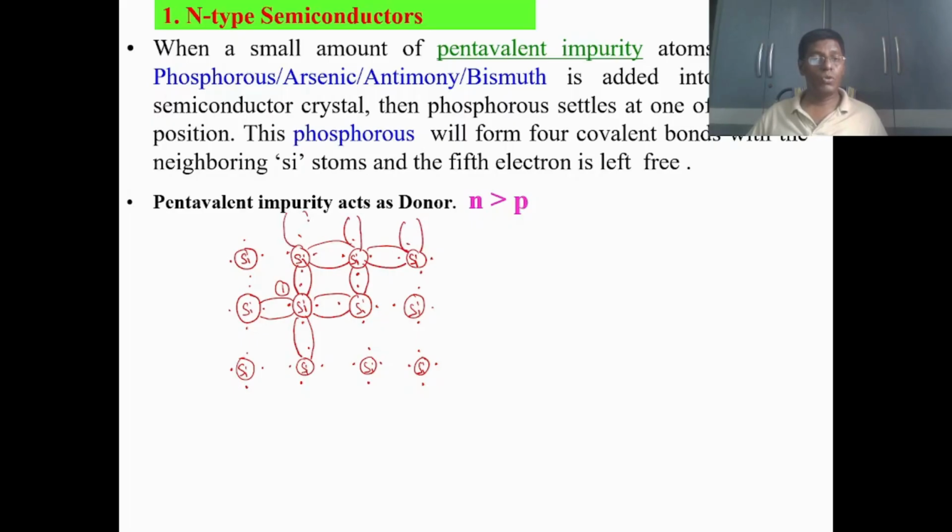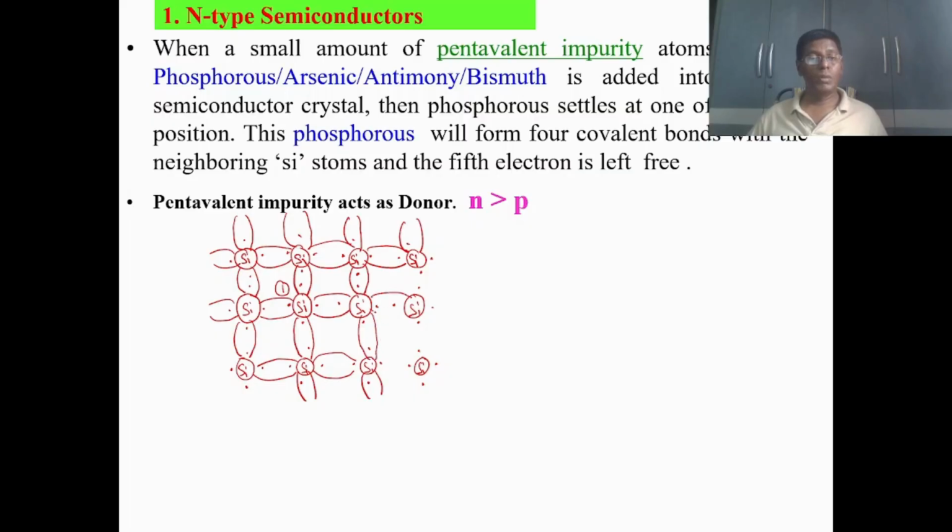Now what I am going to do is add phosphorus, which is an example of a pentavalent impurity. What is the meaning of pentavalent impurity? The elements which have 5 valence electrons are called pentavalent elements. Examples are phosphorus, arsenic, antimony, bismuth.